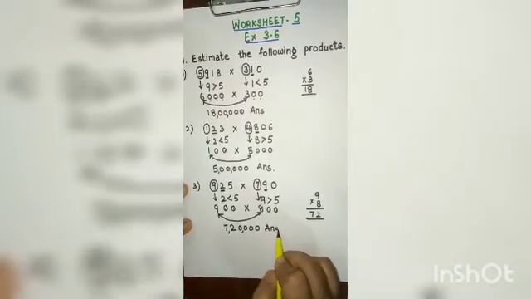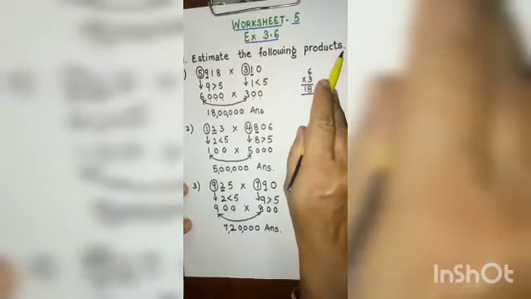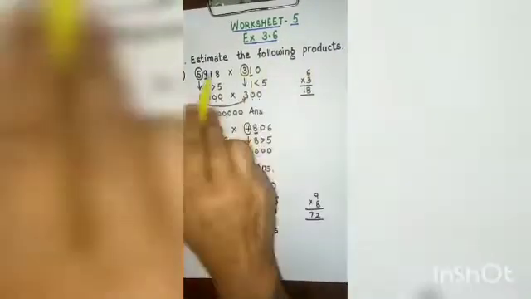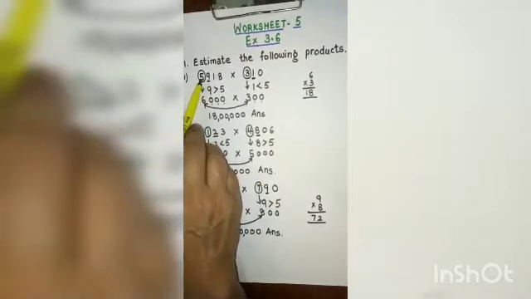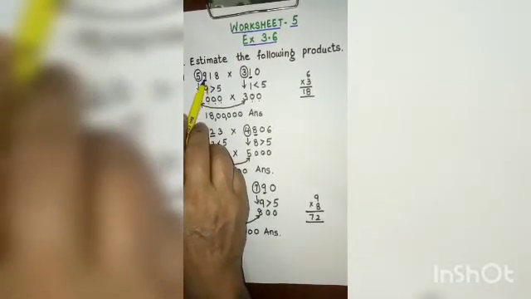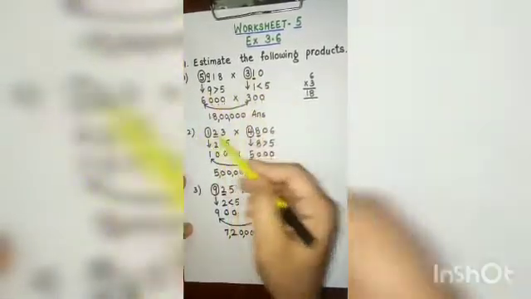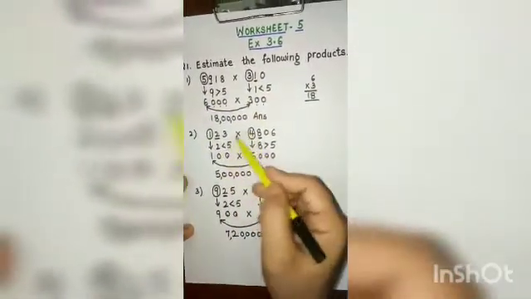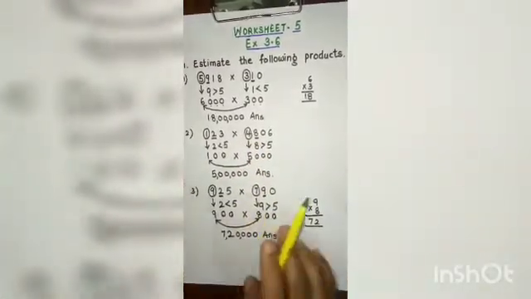And always remember one thing: whenever you have not been given any specific place to which the estimation has to be done, you are always supposed to take the first digit and the second digit into consideration. The second digit will be seen, and then according to that the first digit has to be added with 1 or kept the same.